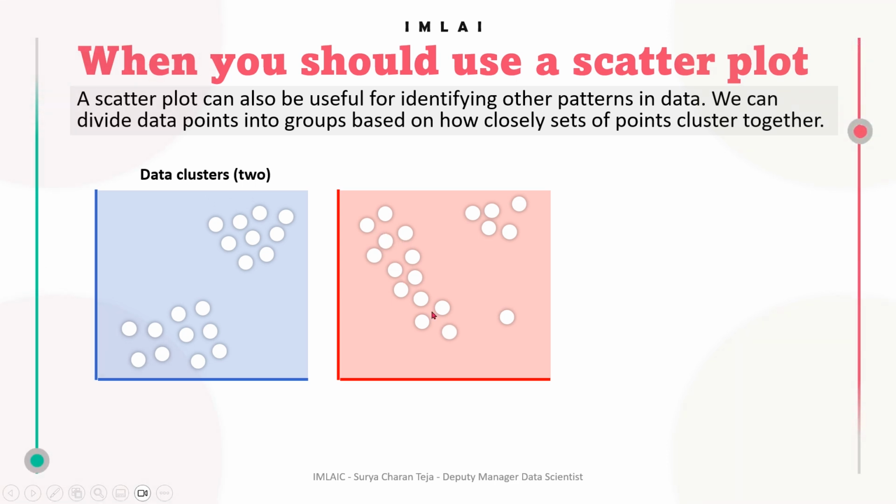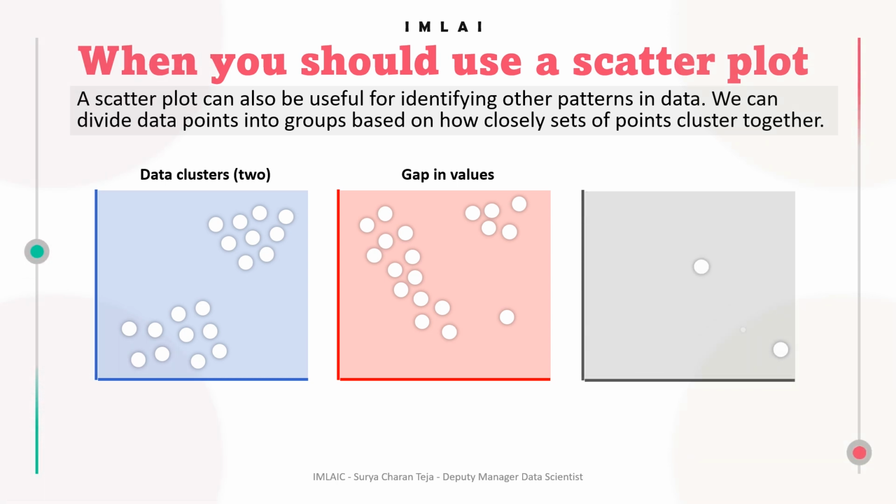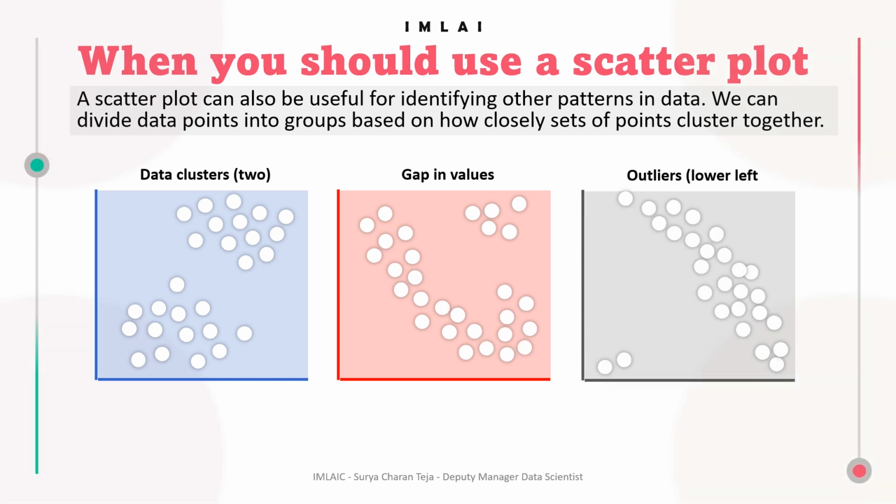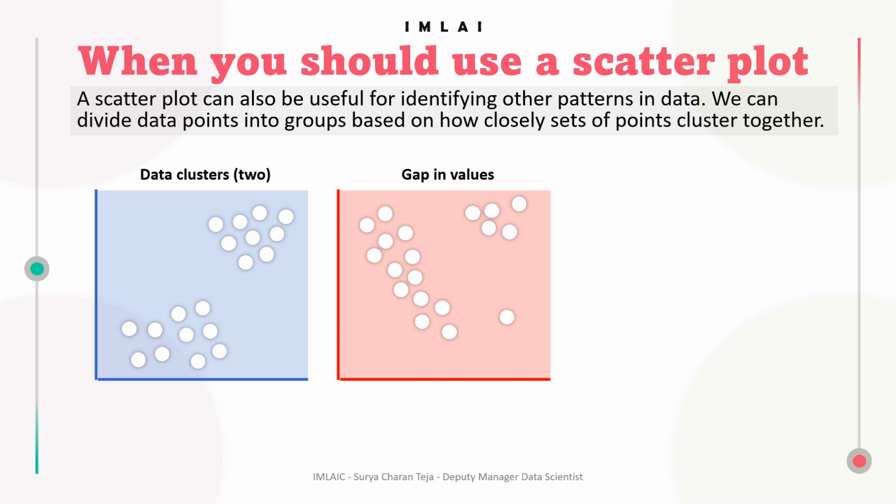If you see this data where the scatter points are plotted, this is closely packed and has a certain shape, and then after that there is a huge gap, and then again you have a certain amount of values. So this can also be used to find gaps in values.